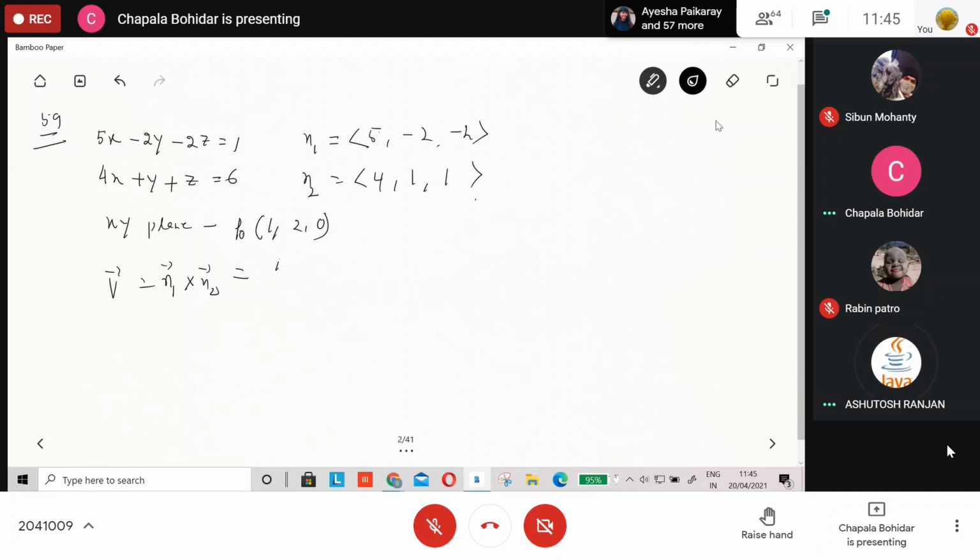Minus 13 j cap plus 13 k cap. It's the determinant with rows 5, minus 2, minus 2 and 4, 1, 1. What do you get? Minus 13 j cap plus 13 k cap.